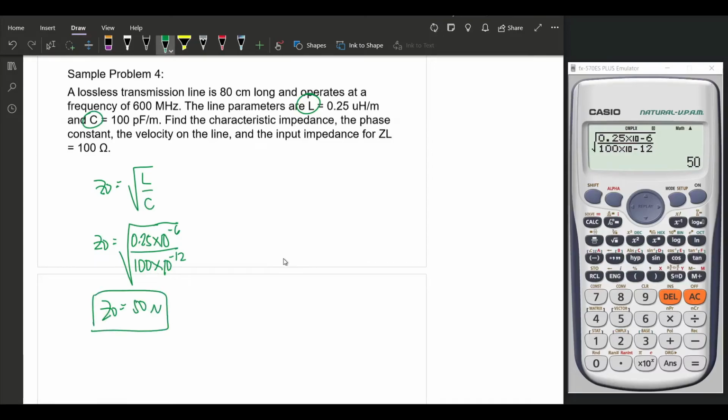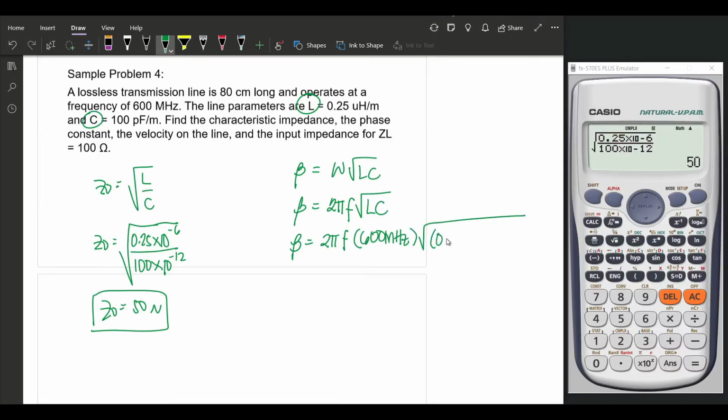Next, we need to compute for the phase constant, yung beta. So the beta, how are we going to compute for the beta? So the beta is the phase shift coefficient. Okay. So we can actually use this formula to compute for the phase shift coefficient. So given yung frequency, given yung L and C, so we can apply this formula. So again, yung omega is 2 pi f. Next, so 2 pi, so the frequency is 600 megahertz.